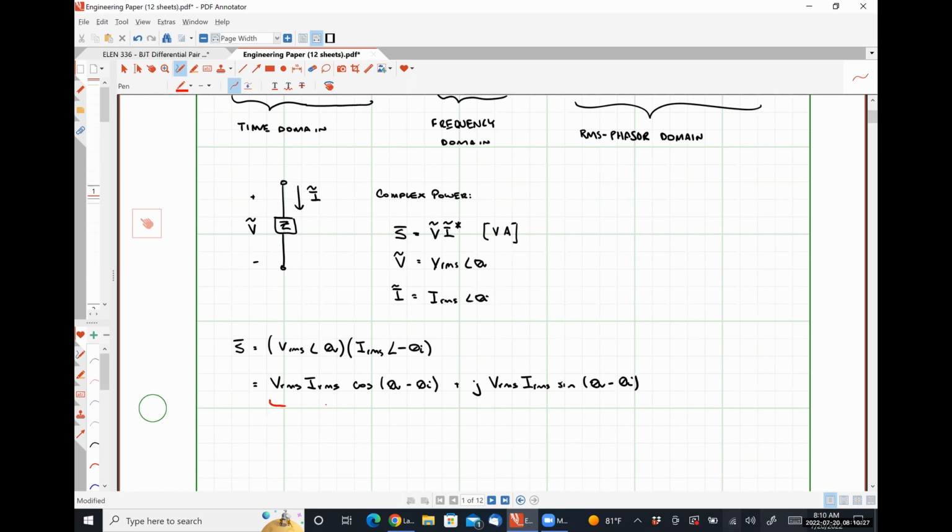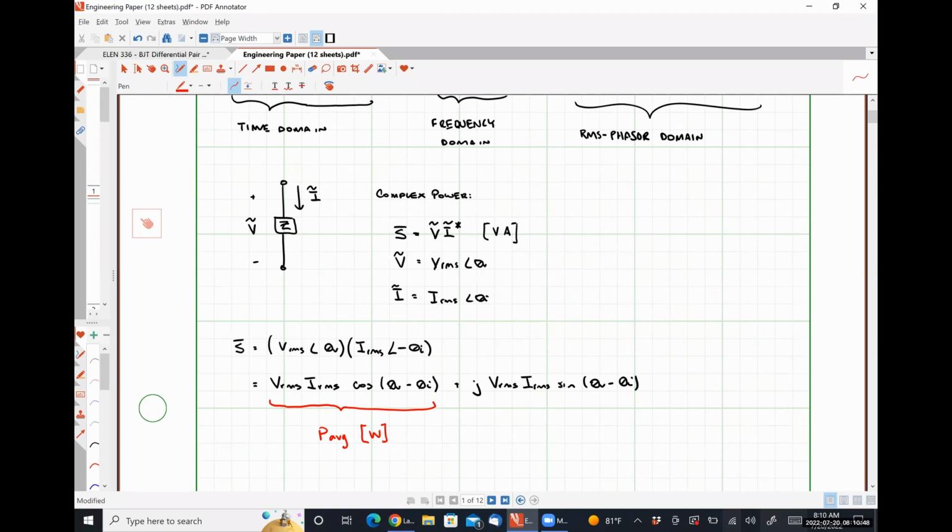So this bit right here, VRMS IRMS cosine theta V minus theta I, is what we call the average power, and it is measured in watts.